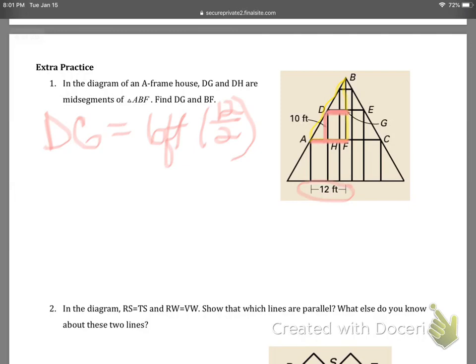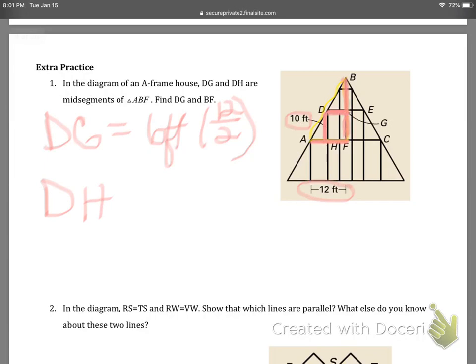All right, next one. DH. This is DH right here, and it measures 10 feet. DH is a mid-segment, and it is parallel to BF. So BF is that part of the triangle that is parallel to DH.